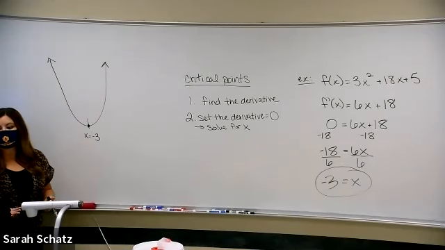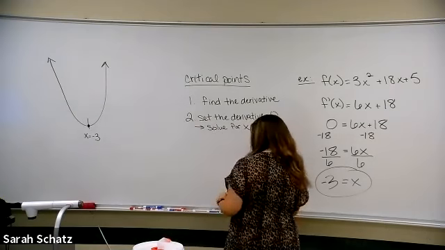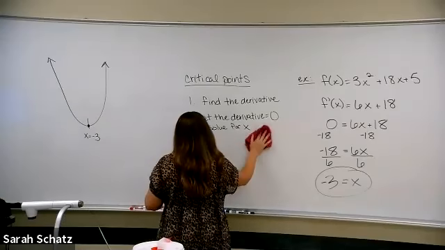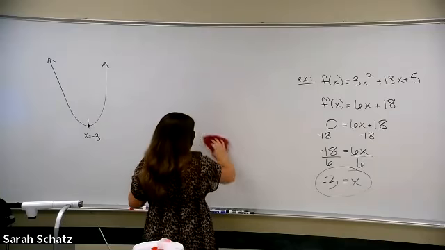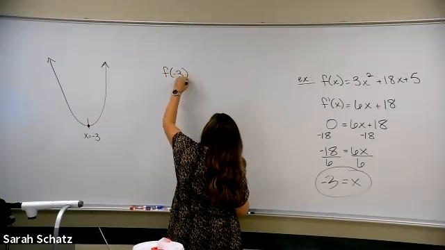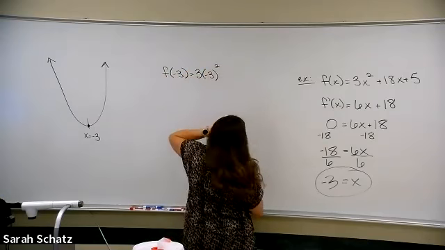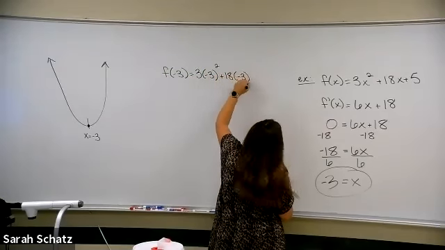What if I want to know the y value here? Let's throw in -3 to your function, and you can find the y value pretty easily. So you could do f of -3. You get 3 times -3 squared plus 18 times -3 plus 5.